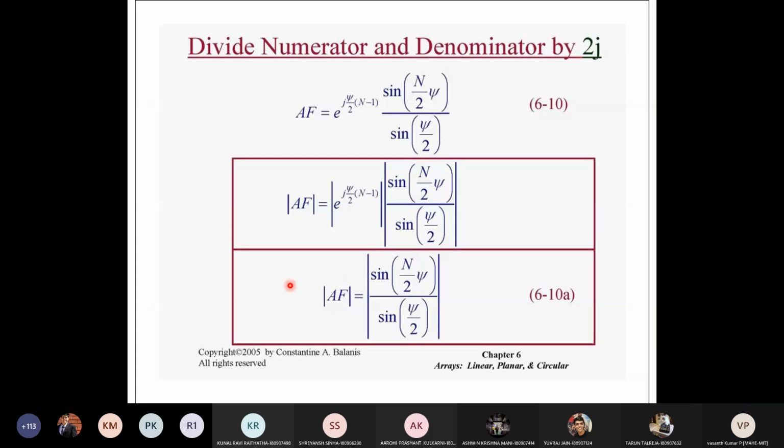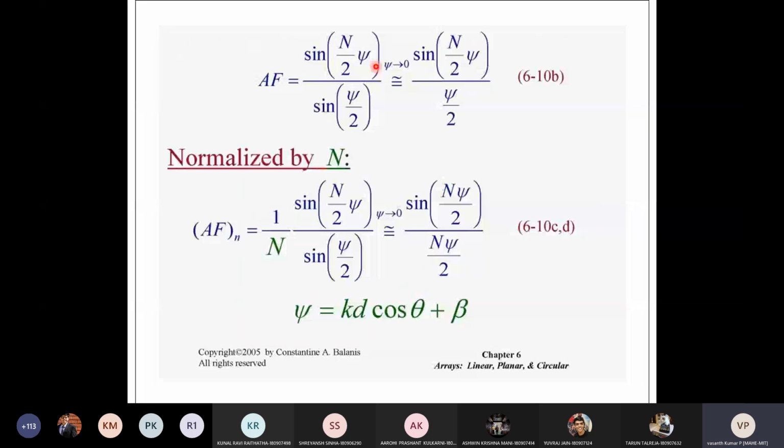If psi is small, you can write sin psi by 2 as psi by 2. N is large, so you can't write sin n psi by 2 as n psi by 2. But psi is small, so you can take sin psi by 2 as psi by 2.